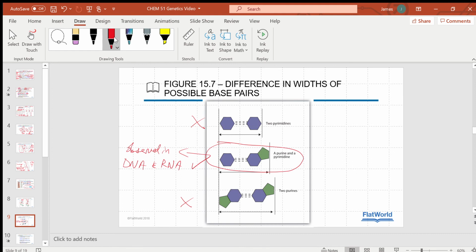And it's that uniformity. If we were to have a mixture of all three, all three would give you a variation in base separation.